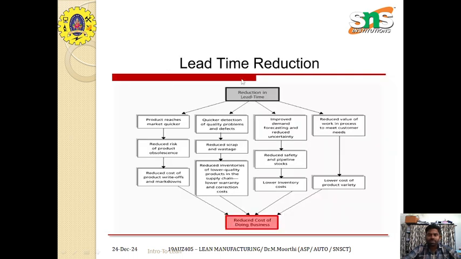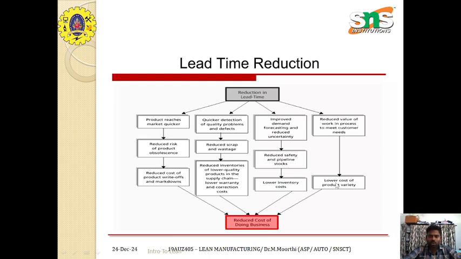That leads to lead time reduction, and these are the factors involved. It starts with the product reaching the market quicker, which is the ultimate aim of reducing time in the organization. Next is quicker detection of quality problems and defects, improved demand forecasting and reduced uncertainty, and reduced work in process to meet customer needs.